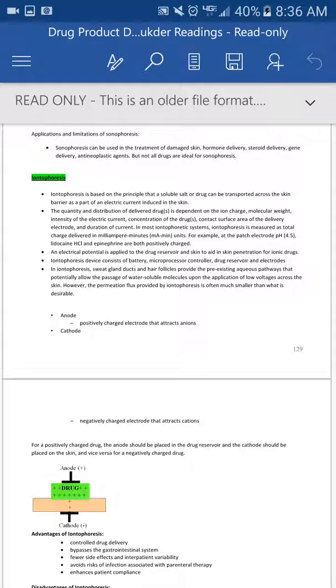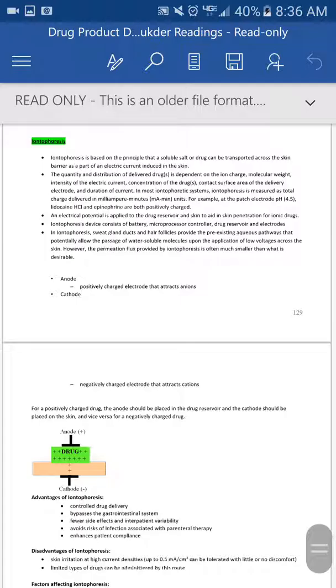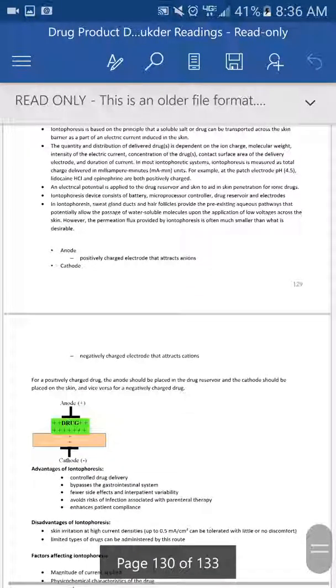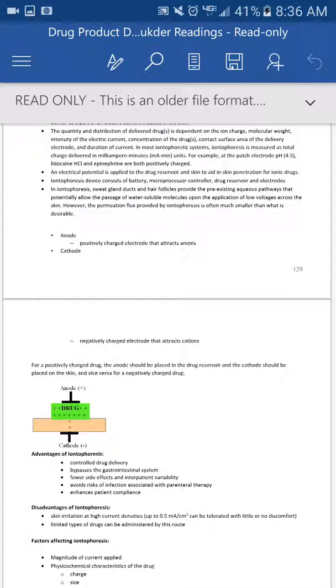Sonophoresis can be used in the treatment of damaged skin, hormone delivery, steroids, gene therapy, and so on. Not all drugs are ideal. Ionophoresis: ionophoresis is based on the principle that a soluble salt or drug can be transported across the skin barrier as part of electric current induced in the skin. The quantity of distribution of delivered drugs is dependent on the ion charge, molecular weight, intensity, and current.